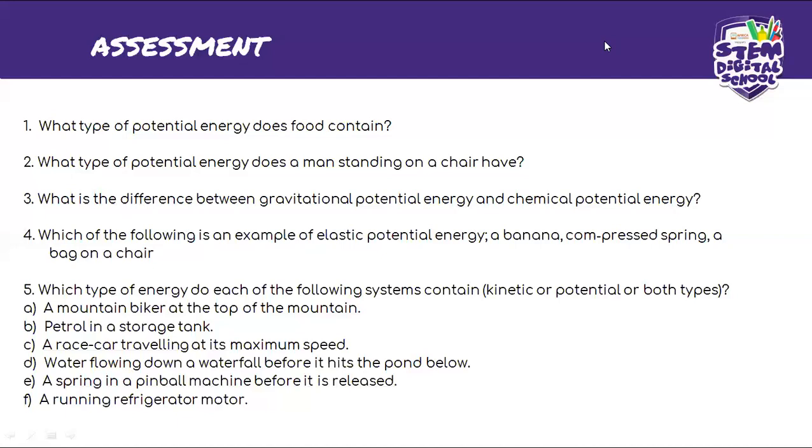Water flowing down a waterfall before it hits the ground. Okay, let's move on. E, a spring in a pinball machine before it is released. That's great. Then last but not the least, F, a running refrigerator motor. Okay, so let's check your answers through.